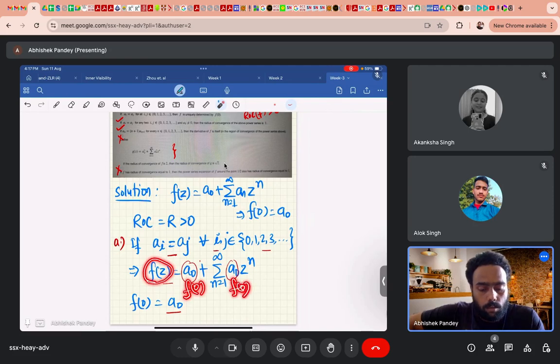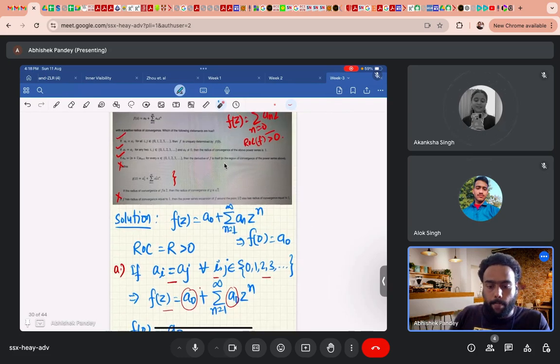You don't need the other constants. Is it clear? Yes. Uniqueness you can check. If it is determined by some other quantity, you can just subtract it and you will again get f of 0.